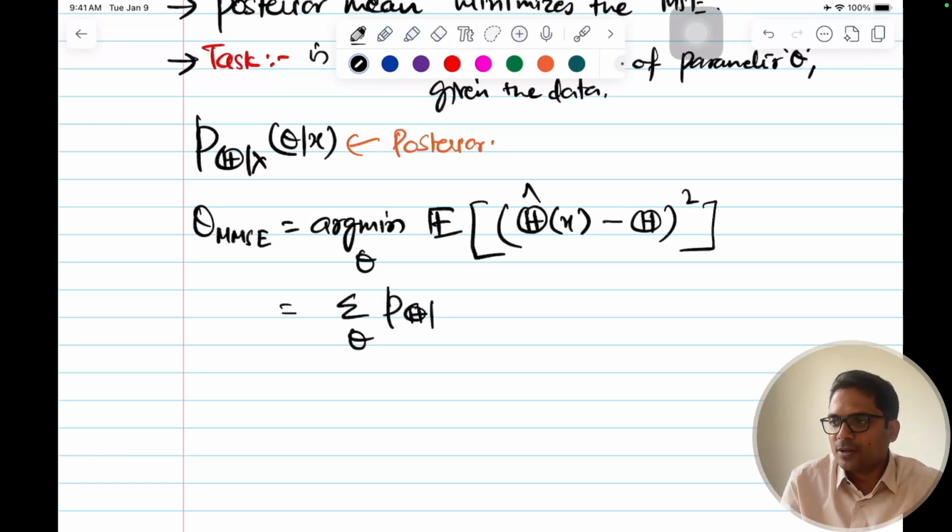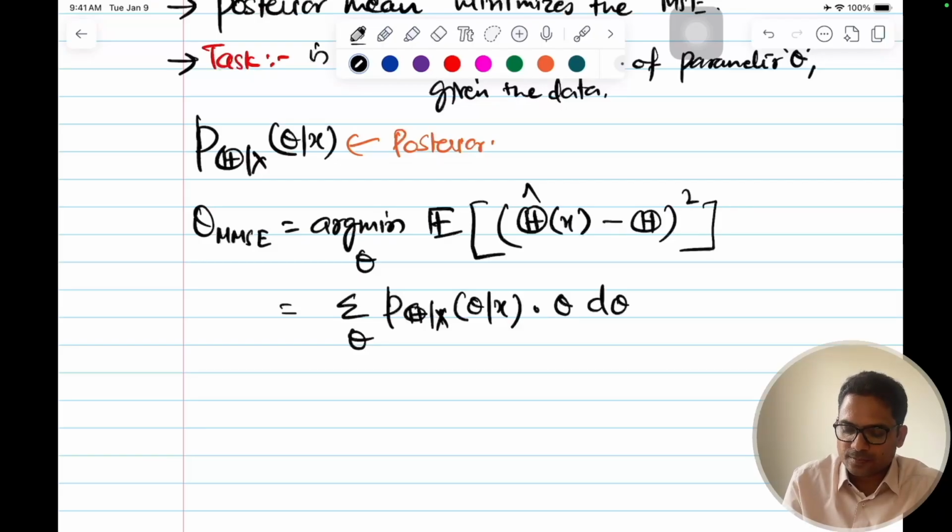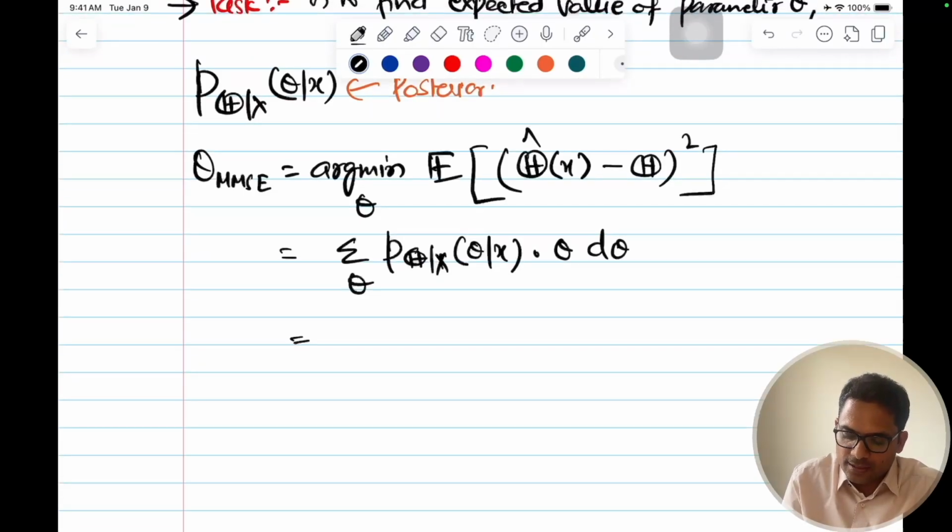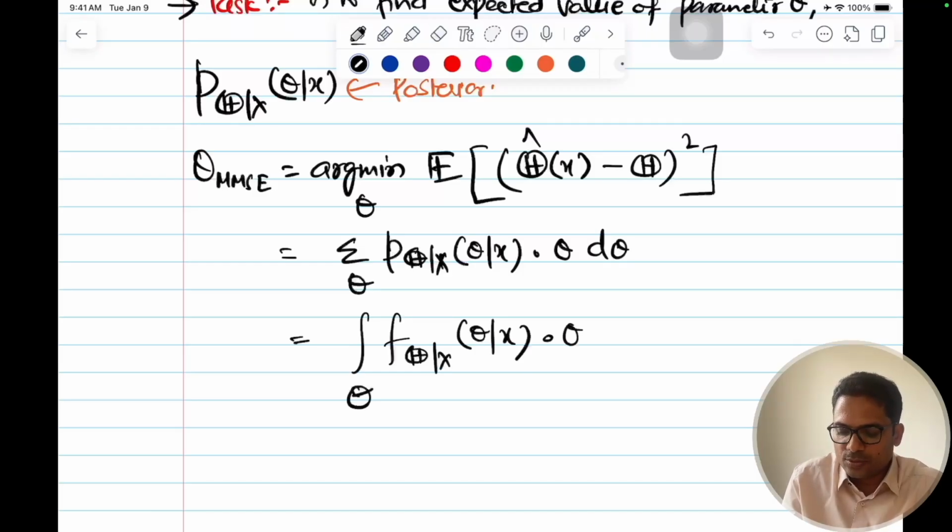So we take the posterior, probability of theta given x, into theta. That is the summation for discrete, and for continuous it is the integral over theta of f of theta given x into theta d theta.